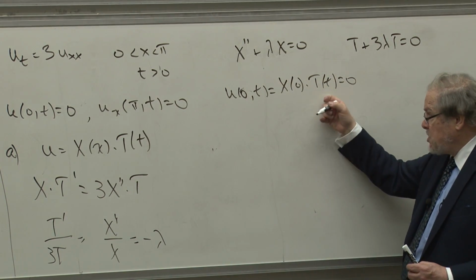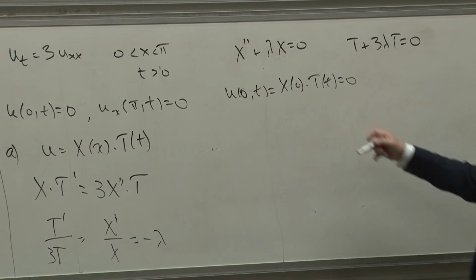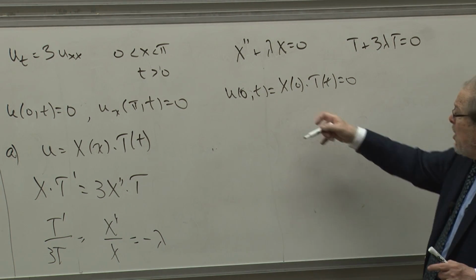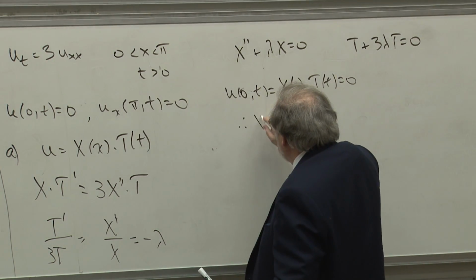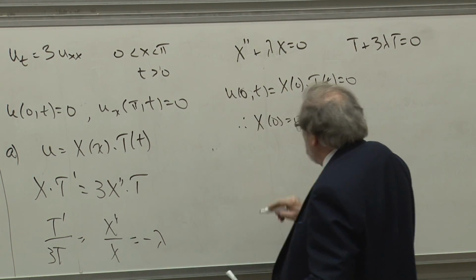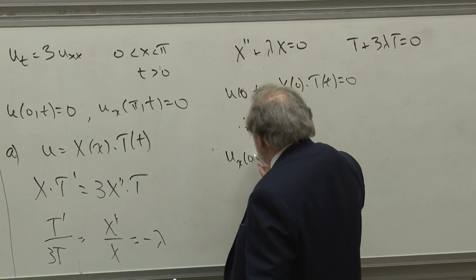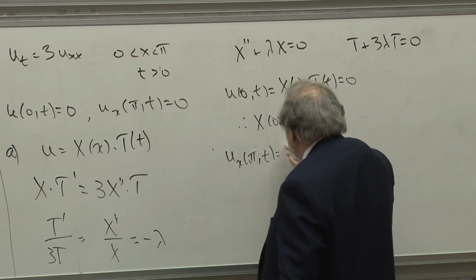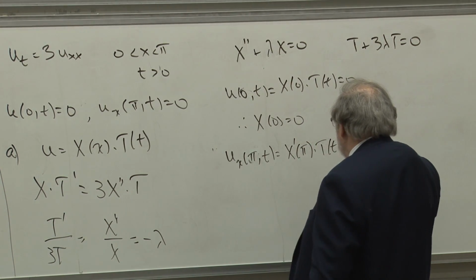If I want a non-zero solution, and the only way to satisfy the initial conditions is to find a non-zero solution, we need that the t variable not be 0 everywhere. We can live with the x variable being 0 at one point, and so we have x of 0 is 0. And similarly, from u sub x at 0 and at pi, that's x prime at pi times t of t equals 0.